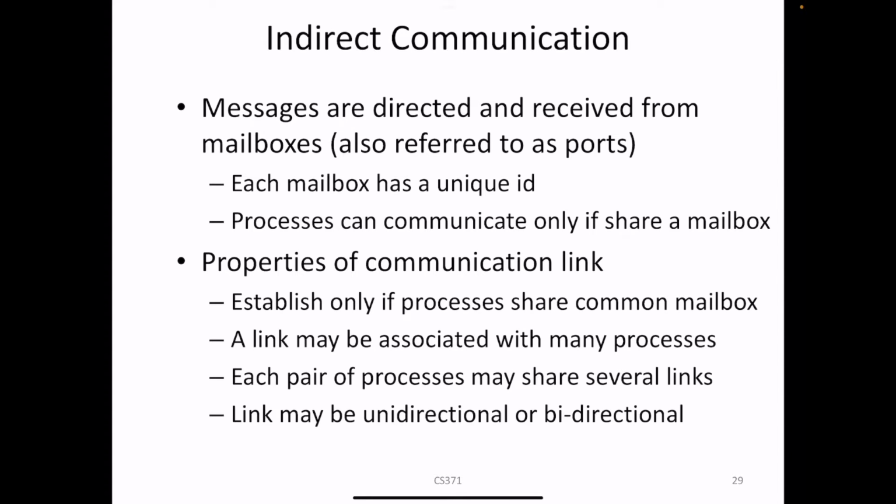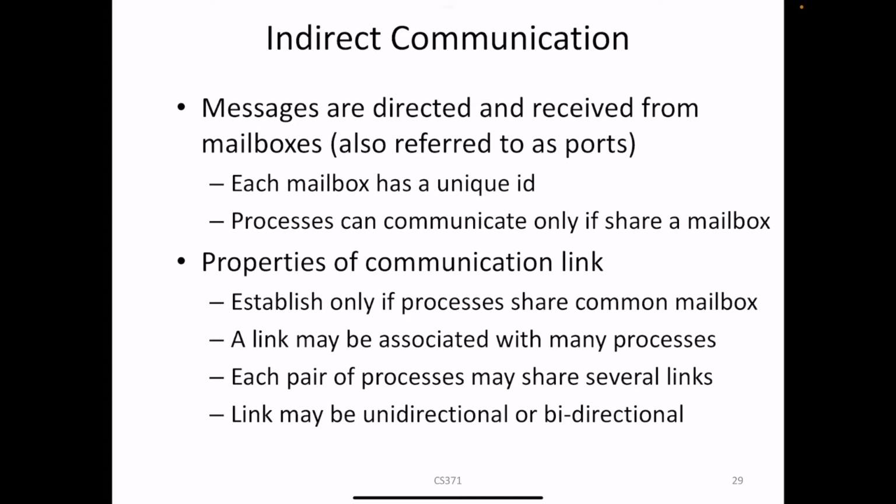In indirect communication, messages are sent to and received from mailboxes instead of a process itself. Mailboxes are also referred to as ports. Each mailbox or port has a unique ID. When two processes want to communicate with each other, they can do so if and only if they share a mailbox or a port. The properties of this kind of communication link are as follows.